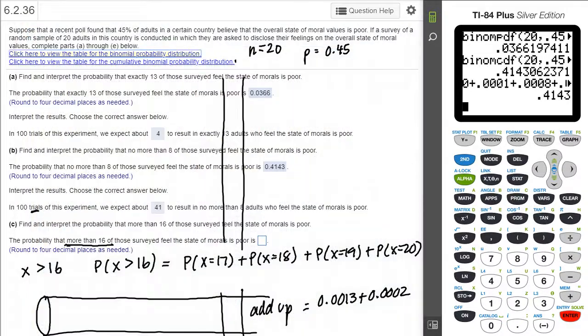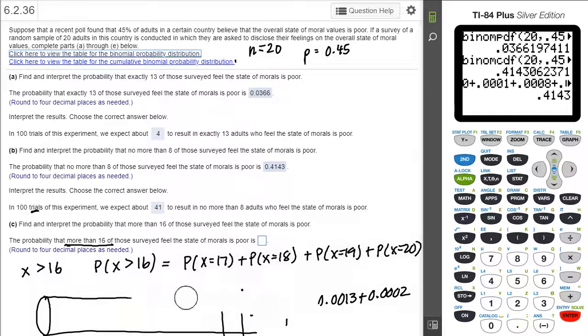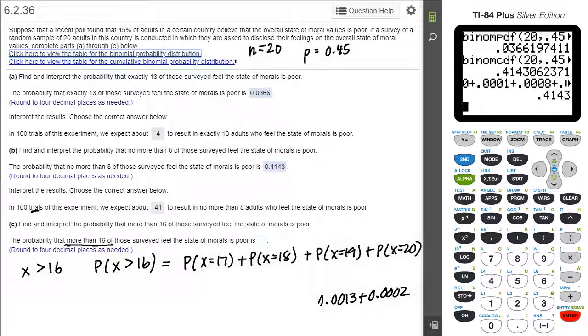Now alternatively, we could look at this in a different way using the calculator, but remembering the limitations of what the calculator can do. So what did we decide this thing was from the table? 0.0015. The calculator only adds stuff up.